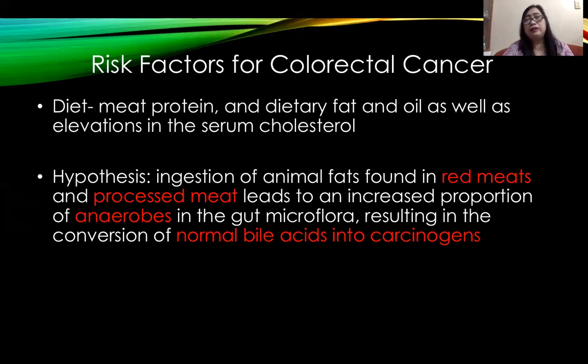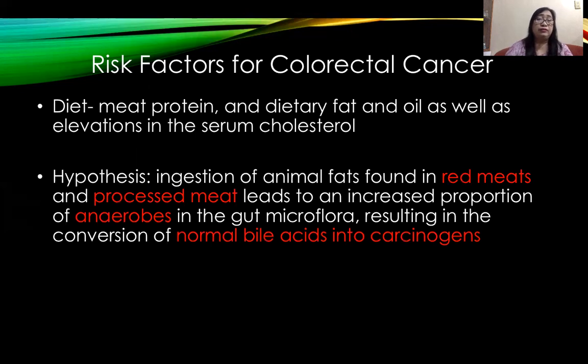Diet which is rich in meat protein and dietary fat and oil, as well as elevation of your serum cholesterol, are risk factors in the development of cancer. So what is the hypothesis for this?